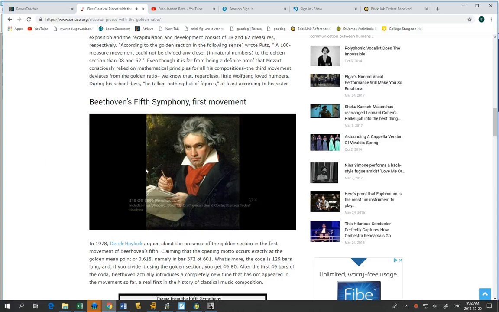It's really close. And he does the same thing in the coda. Too many cool numbers, I know. And we haven't even started talking about 73.